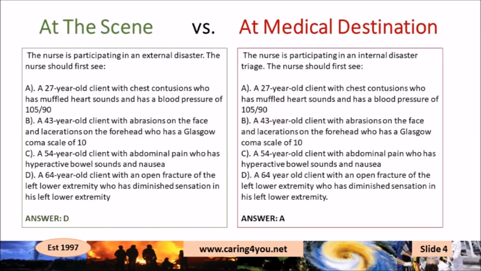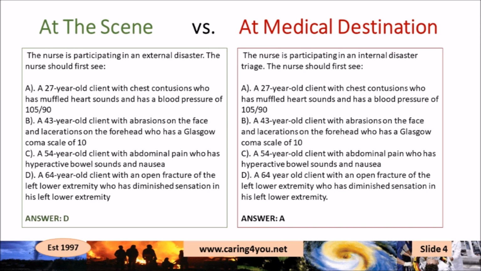Now let's look at a question when we talk about at the scene versus at the hospital, or at the scene versus our medical destination. Sometimes people are so injured that we set up makeshift tents or hospitals at the scene because there are so many people, mass casualties.